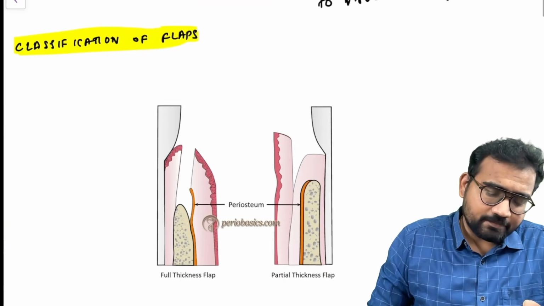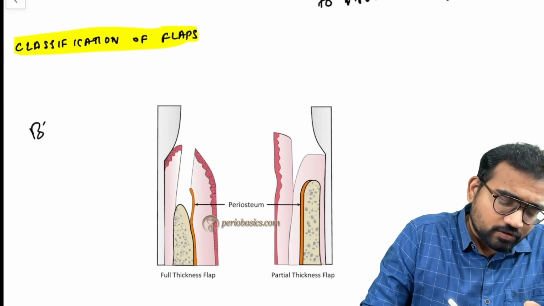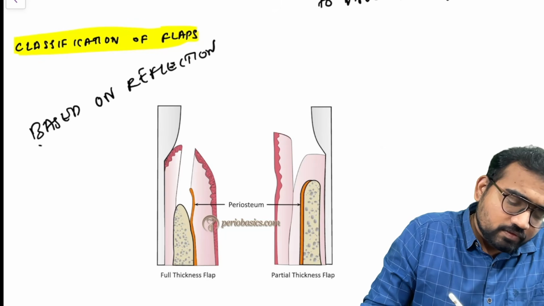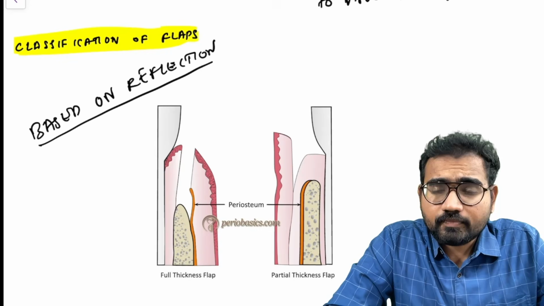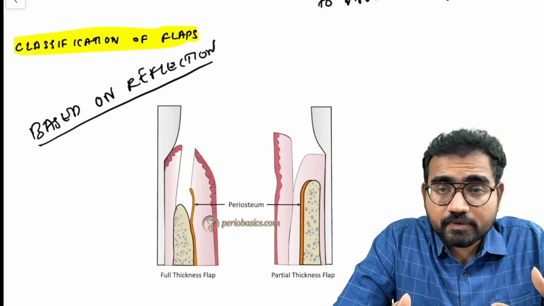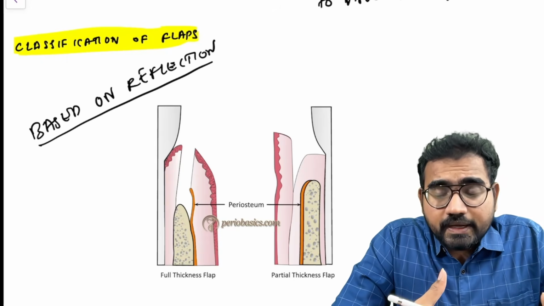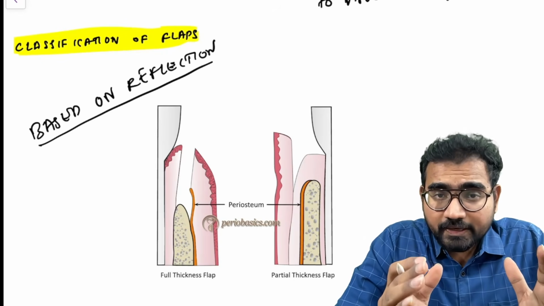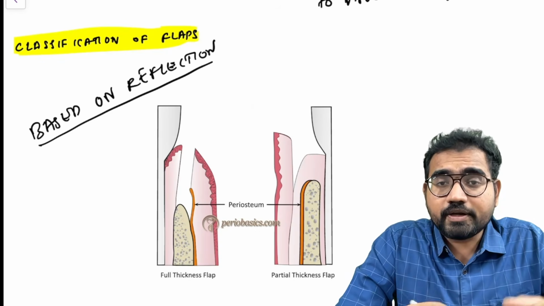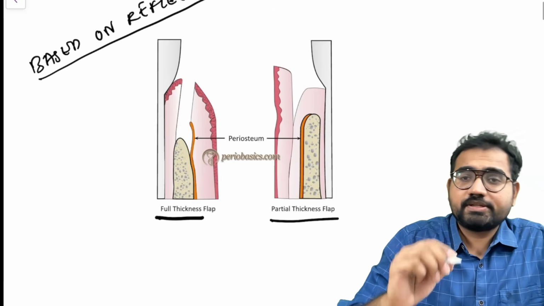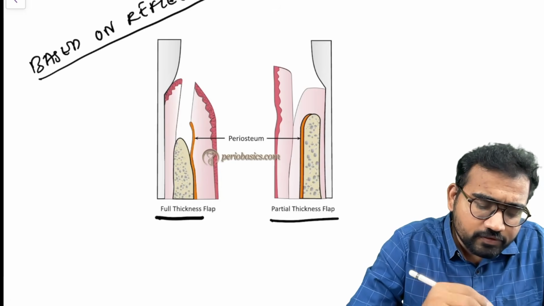The first one will be based on reflection. After giving an incision, I'm going to reflect and elevate the flap. Depending upon the need and requirement of the particular site, I'm going to raise either a full thickness flap or a partial thickness flap. What do you mean by a full thickness flap?